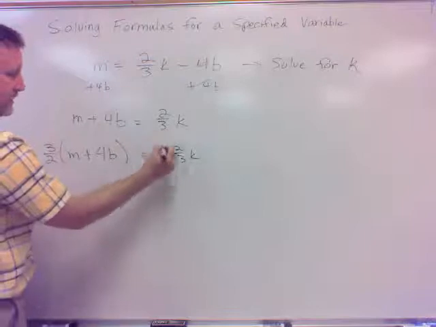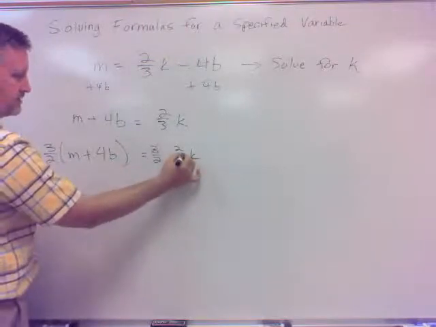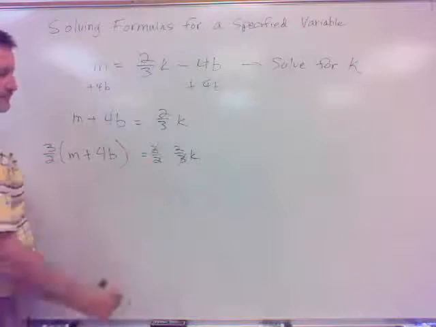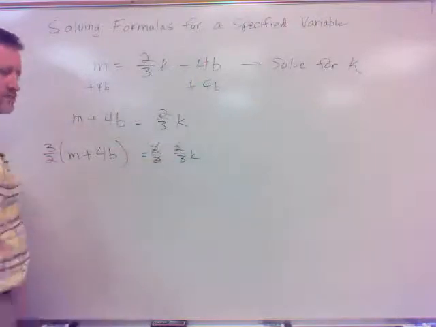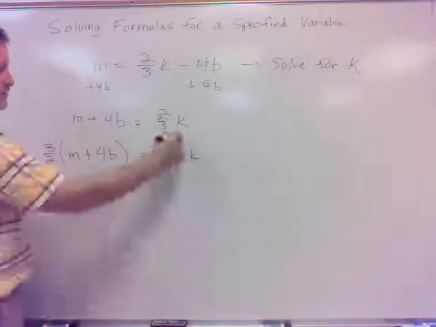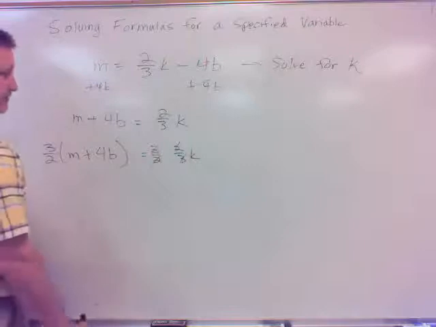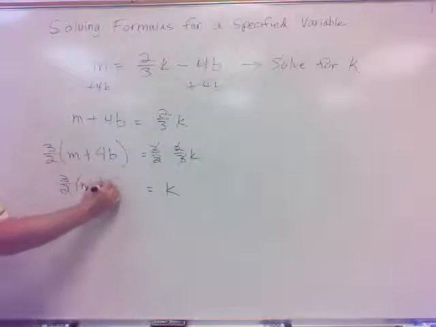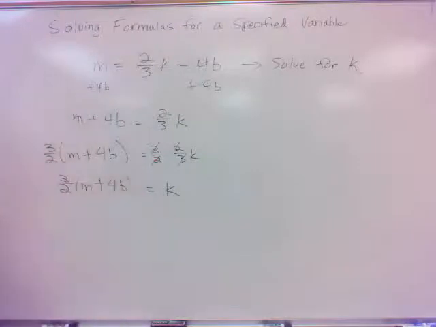All right, so the reason I do that is, notice I can cancel the 3's out because I got a 3 on the top, 3 on the bottom. The 2's similarly do cancel out. 2 on the top, 2 on the bottom, so I can cancel those out. Just K left on the right, which is what I meant to do in the first place. Solve for K. Got K by itself. There you go.